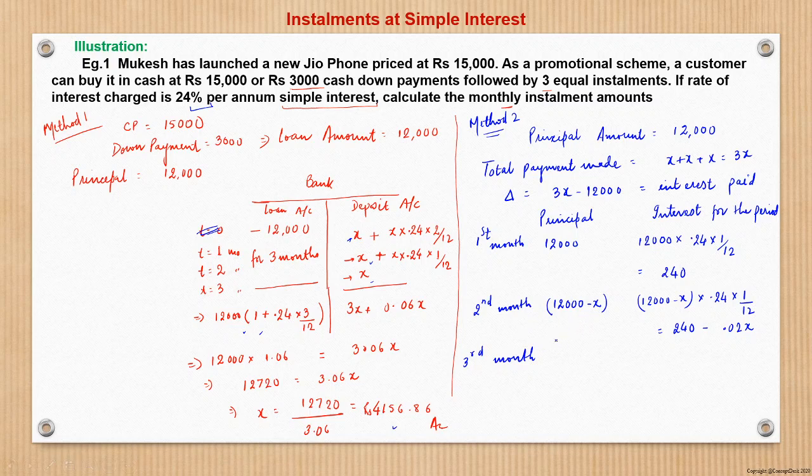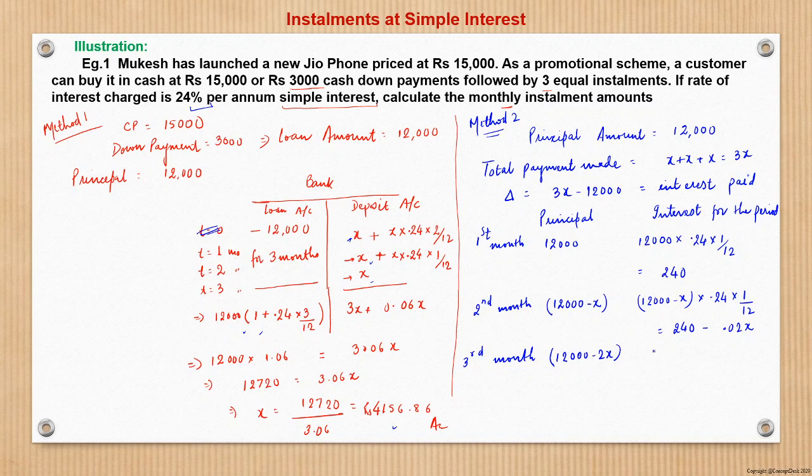So the principal at the beginning of the third month will be 12,000 minus 2x, right? In simple interest this principal would have remained the same. Why are we changing it? Because the customer is making some payment, so by that amount the principal gets reduced, right? So it becomes 12,000 minus x here and 12,000 minus 2x here.